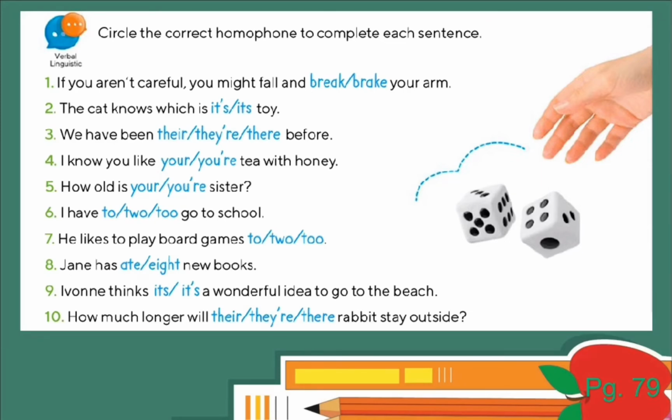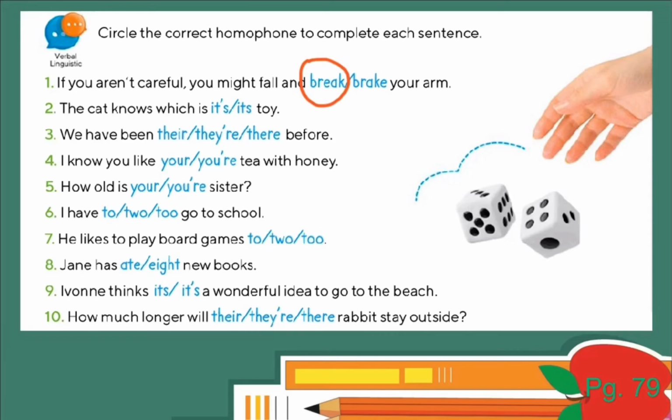If you aren't careful, you might fall and break your arm. The first break means to separate into pieces, and the second one, brake, means to slow down. So I believe that the context of the sentence refers that you might hurt your arm. So let's circle break.